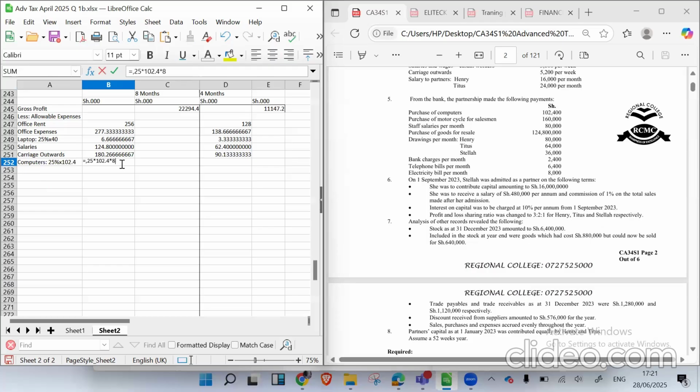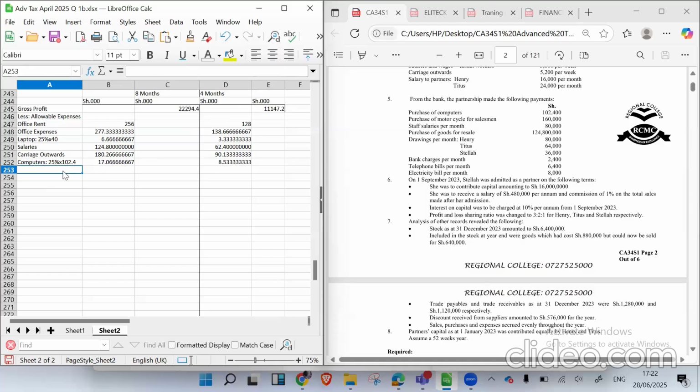We apportion accordingly 8/12. So huku kwingine ni 4/12. Right?